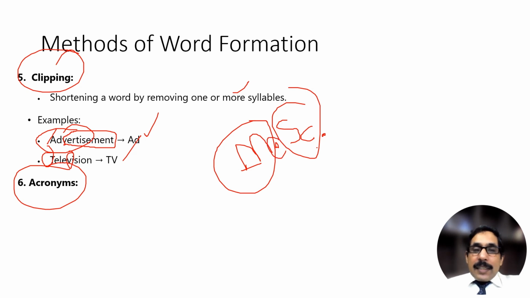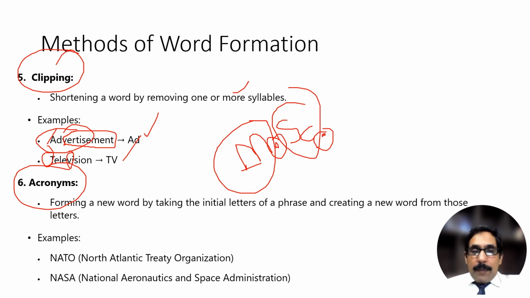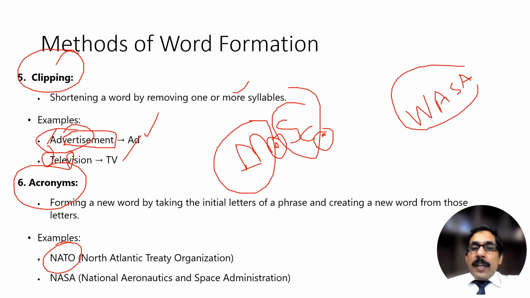This full stop shows that these are abbreviations. But acronyms are used as a complete name. For example, WASA, Water and Sanitation Authority. WASA is used as a single unit without any full stop. So this is known as an acronym.